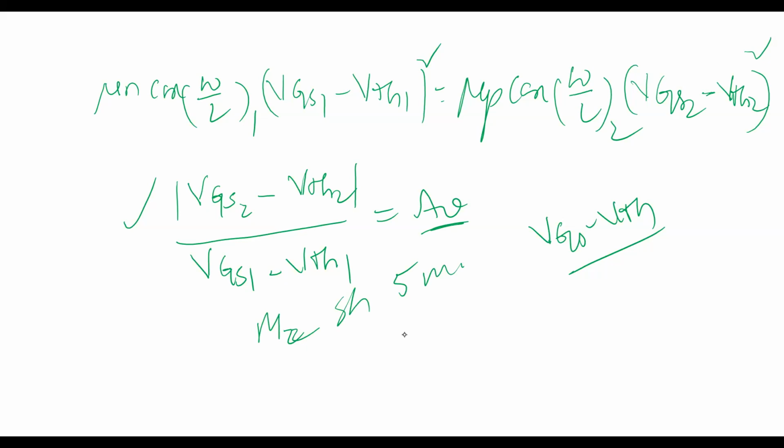So VGS2 minus VTH2 should be approximately equal to 5 times this value.